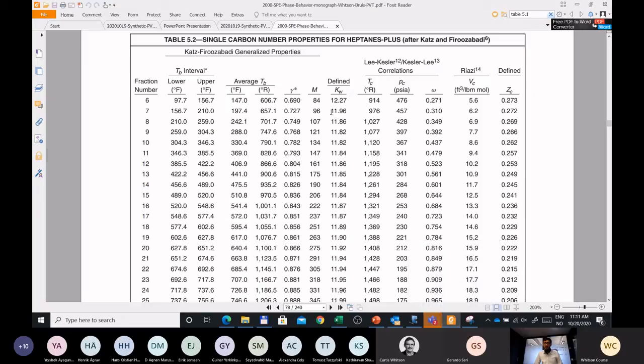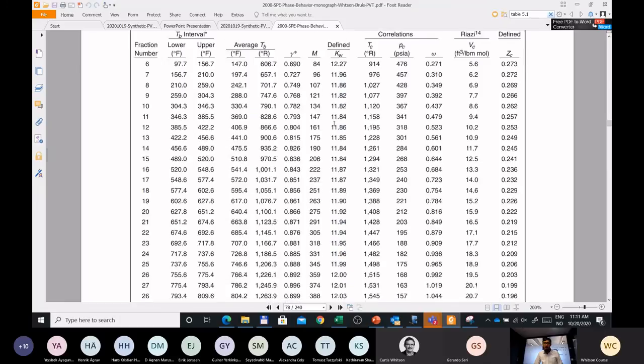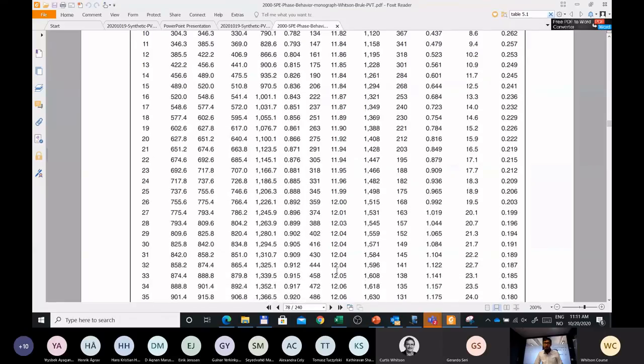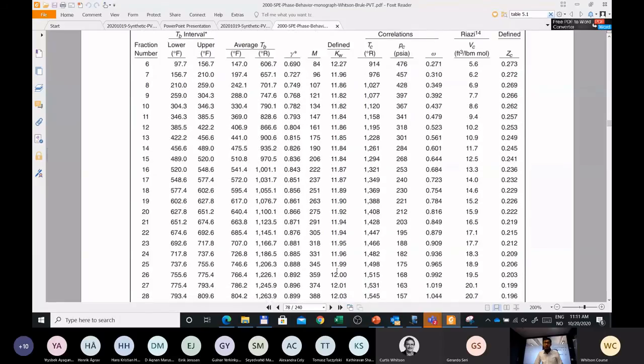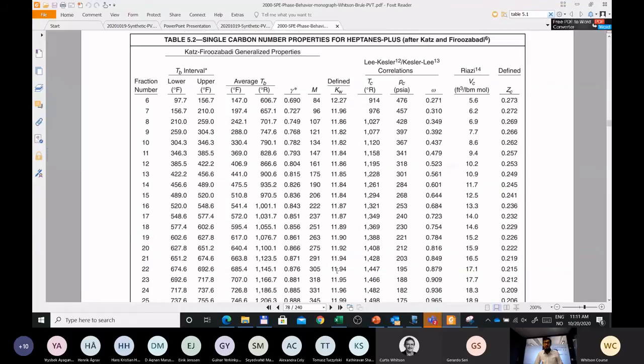So you can see here that they have mentioned the Watson characterization factor for each individual component, and it ranges from 11.96 to about 12 or something. So the fluid systems that were used to come up with these numbers were paraffinic, and that's why these numbers are usually okay to use if you have paraffinic fluids.